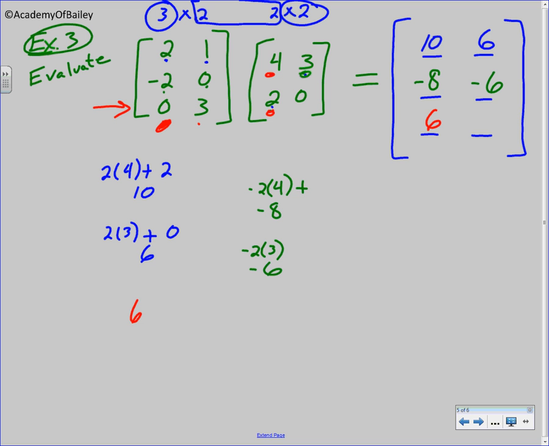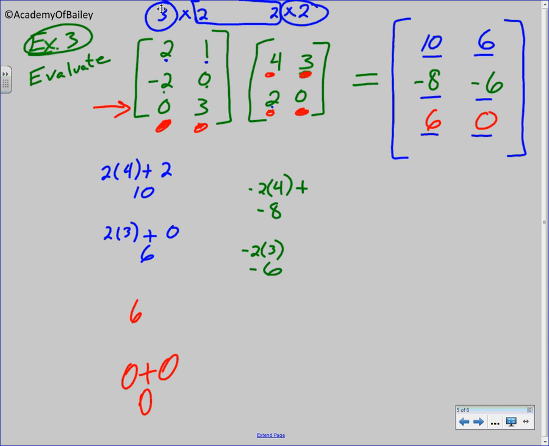Now we're going to go second column. 0 times 3, 0. And then 3 times 0, which is also 0. And now, since we were in the third row, second column, what can I say? Finished. That's what I can say.